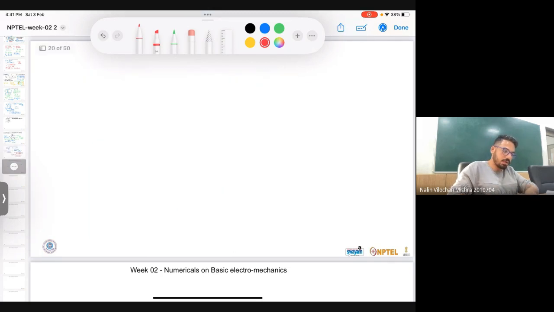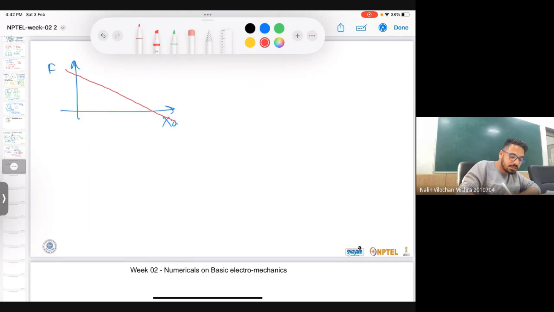And Fe is basically a quadratic solution. So if we need to plot force with respect to displacement, the Fm will be like this, and Fe can be drawn like this, because it's the quadratic solution.